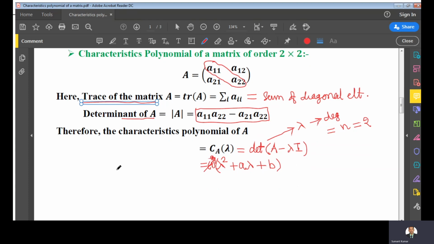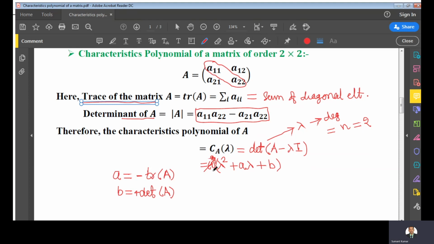So now the question is, what will be a and what will be b here? If we are able to find a and b, then this will serve as the characteristic polynomial of A. a is nothing but the trace of the matrix A, taken with a negative sign. And b is nothing but the determinant of A, taken with a positive sign.